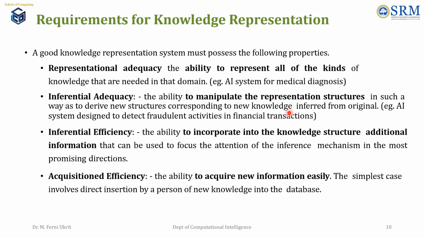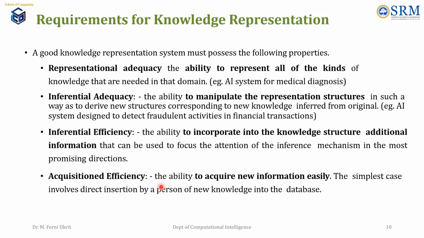If there are deviations from it, like trying to log in very frequently, and suddenly an international transfer, or some other abnormal behavior, that comes under inferential adequacy. Inferential efficiency is the ability to incorporate additional information into the knowledge structure, to update the knowledge.